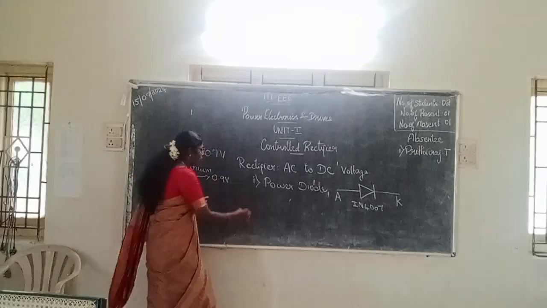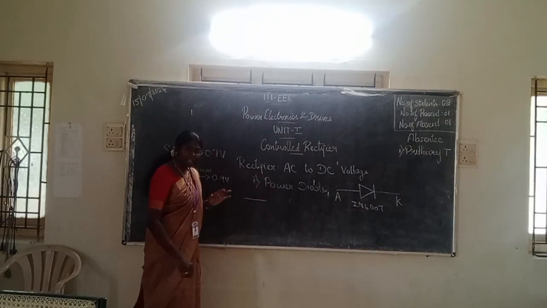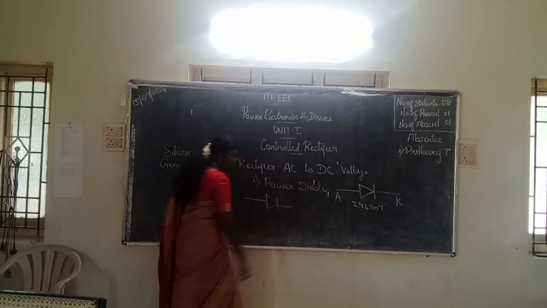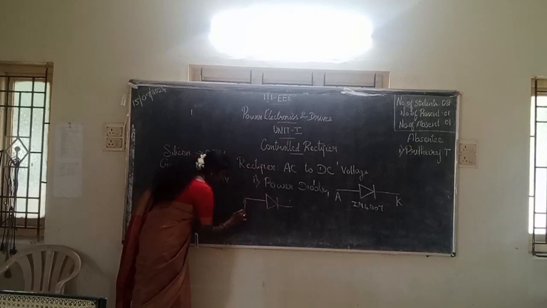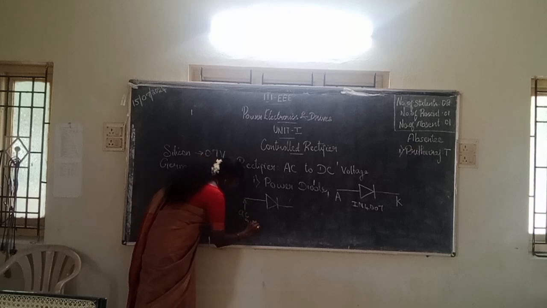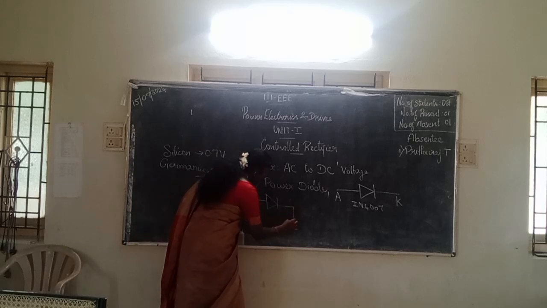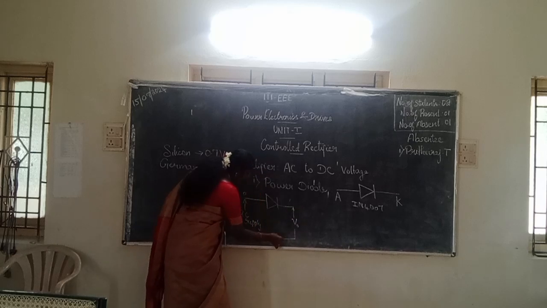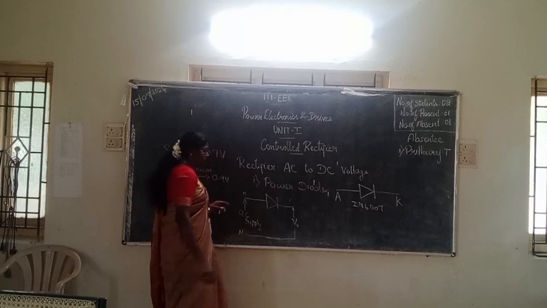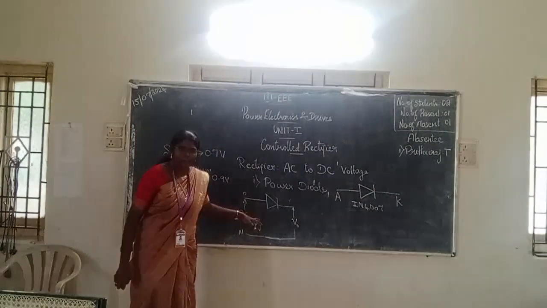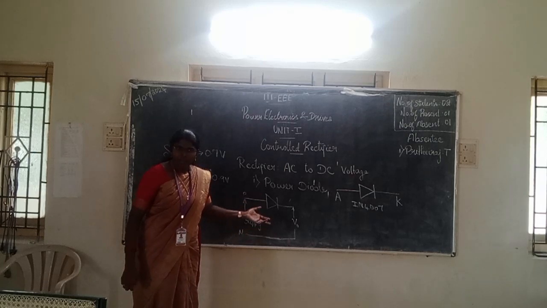Now I am going to give an AC supply to a diode, with phase and neutral as input, and here is my output voltage. If I connect it straight like this and my AC voltage fluctuates, my diode will get damaged, right?